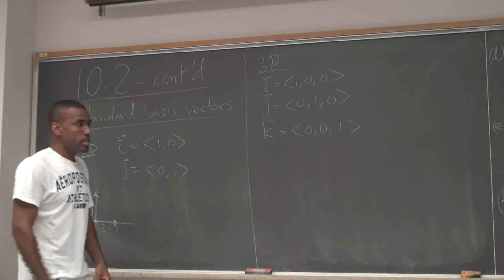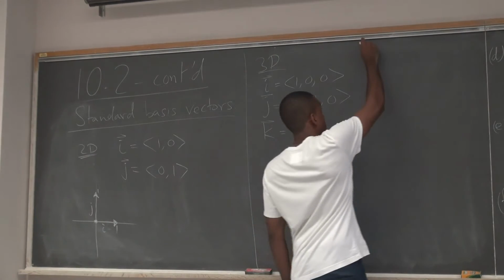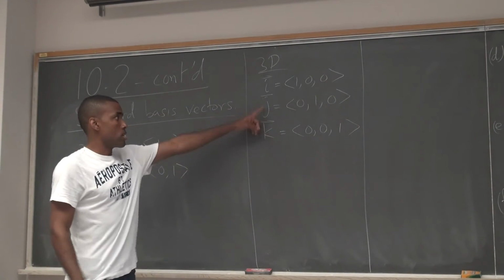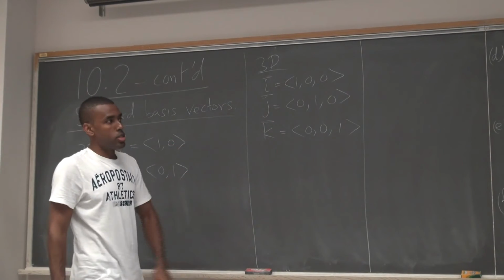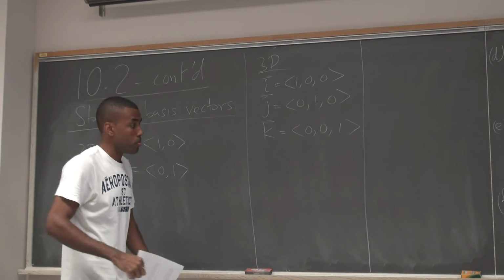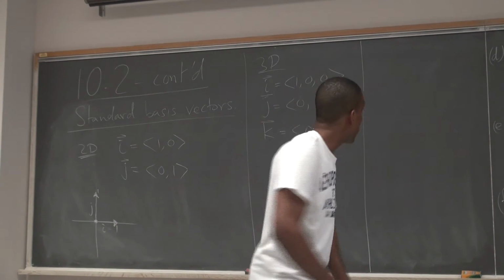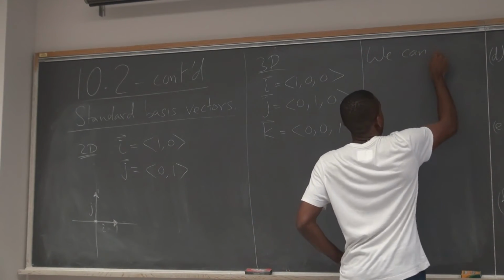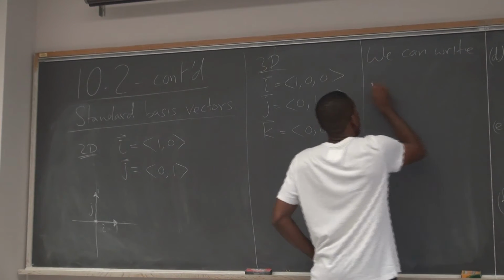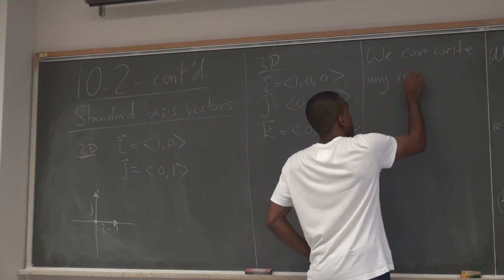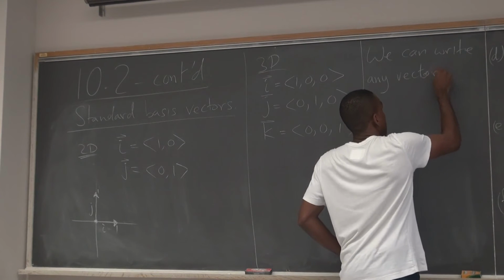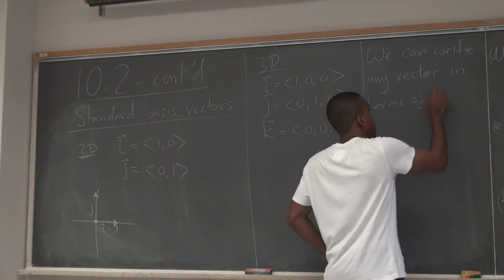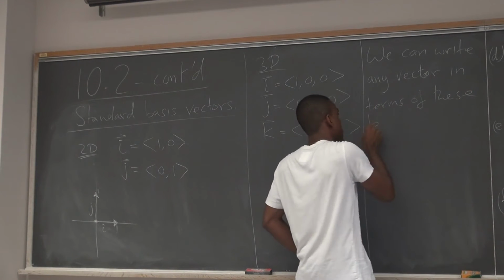You don't need to know what a basis is, but basically what you have to know at this point is that these guys are non-parallel vectors that we can easily express any other vectors in terms of them. So for example, we can write any vector in terms of these basis vectors.